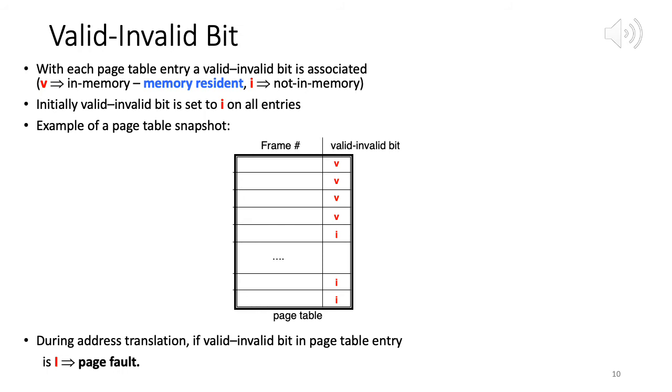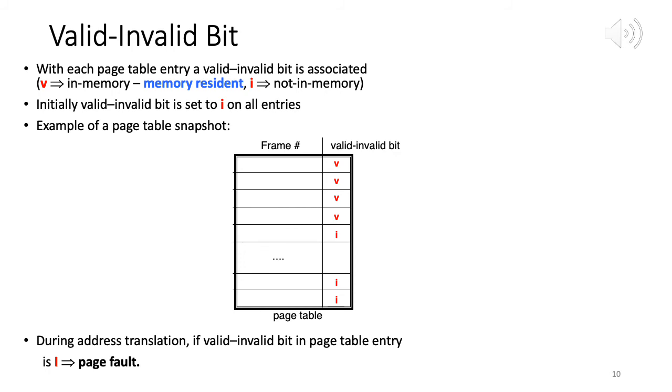One piece of information it contains is a frame number, or to be more precise, the starting physical address of that frame, but for simplicity we can also say frame number. And one of the other things it contains is a valid invalid bit.